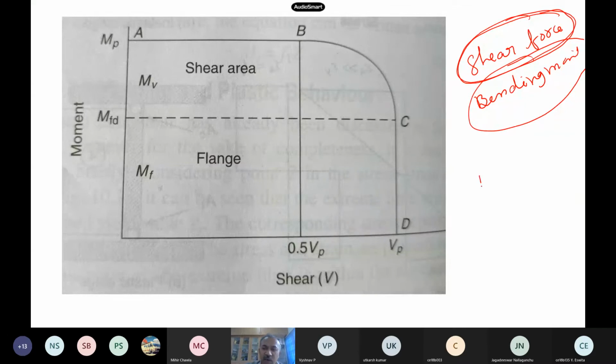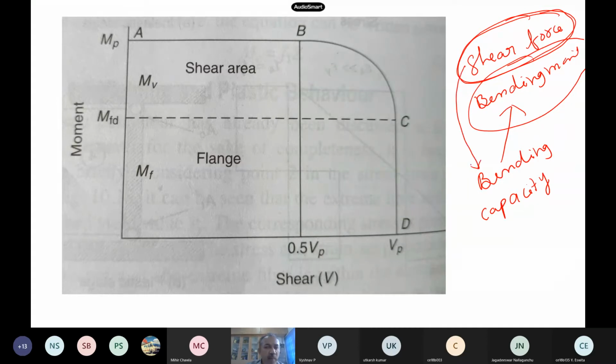So the bending capacity of the beam is completely dominated by the bending moment only. But sometimes the shear force also influences the bending capacity of the beam, and there is one thumb rule: when it exceeds 0.5 times the shear capacity.